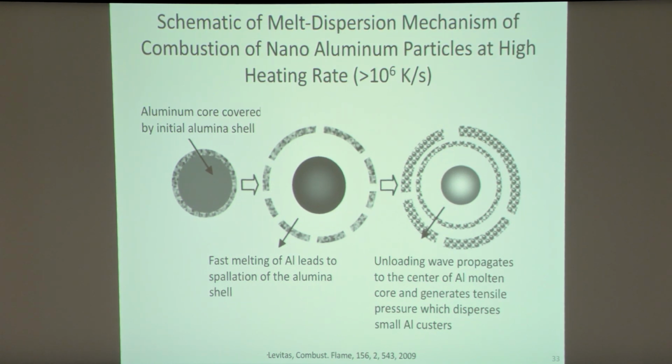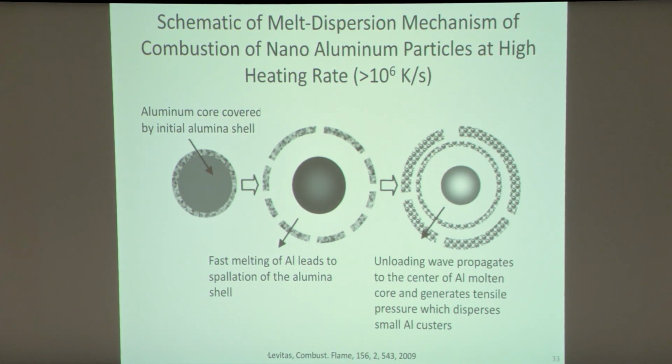One of the other mechanisms that's been proposed, particularly for small particles, is suppose I introduce a large heating rate onto the particle, such that now as the particle heats up, which it's going to do very quickly, and if it heats up uniformly and I got a uniform thickness oxide layer around it, during that expansion process, I essentially disrupt that oxide layer all at once. And that's been referred to as the melt dispersion mechanism for high heating rates.